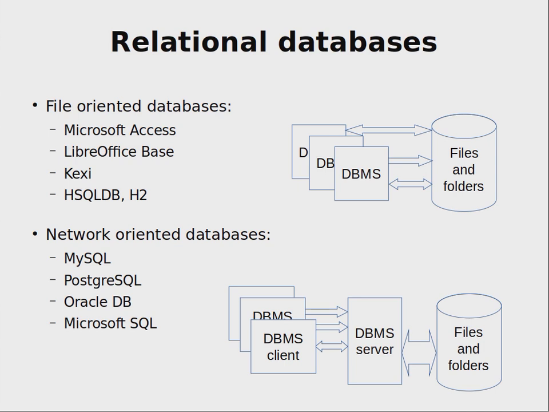So you can put this Microsoft Access database or LibreOffice Base file somewhere on a shared file system in your local area network in your office, and then everybody who has either LibreOffice Base or Microsoft Access can open this particular file and manage some data.